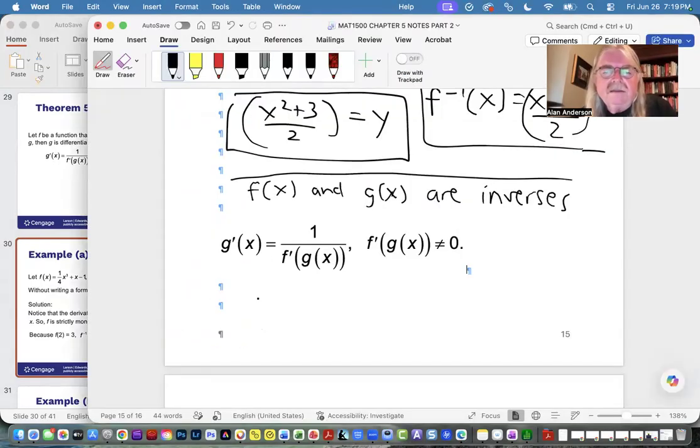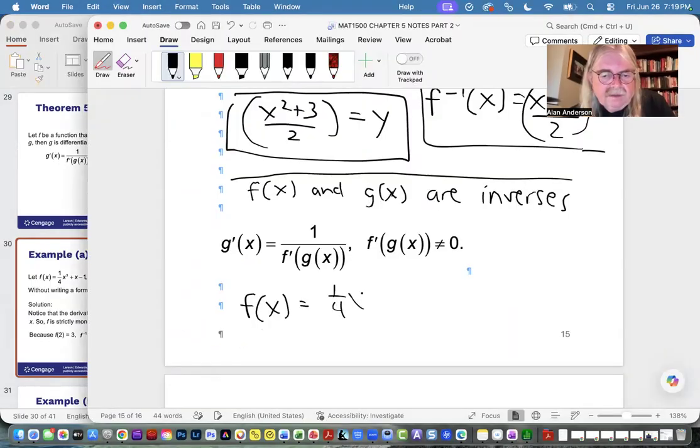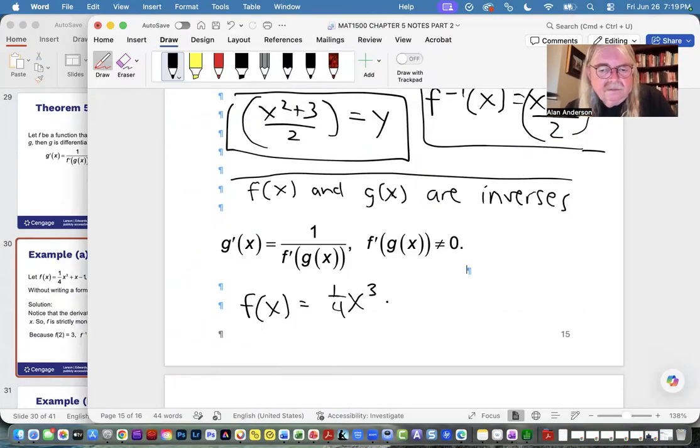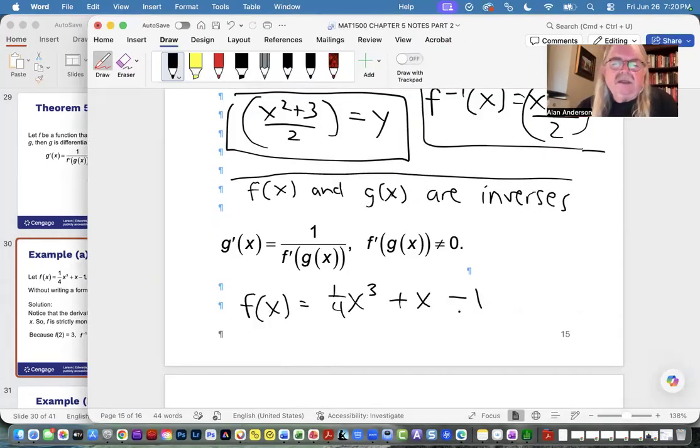F of x is 1/4 x cubed plus x minus 1. So they want us to find F inverse of 3.